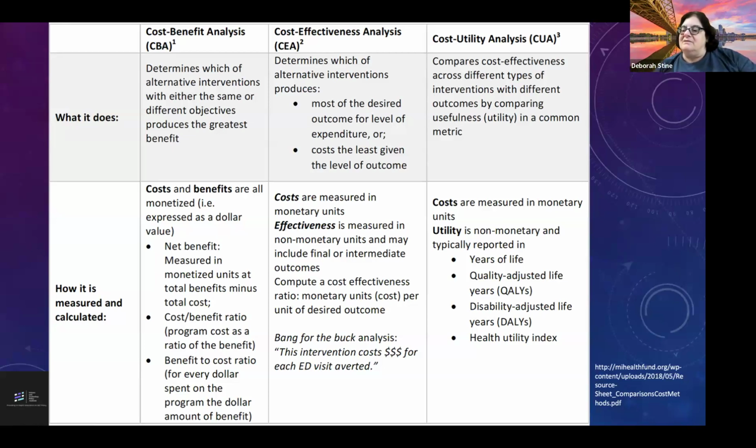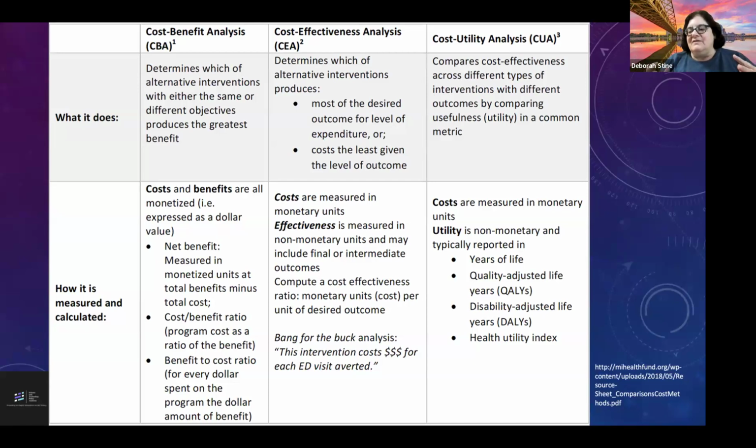Which one should I do? Cost benefit analysis helps you make those kinds of decisions. Everything is in dollars, the dollars in cost and dollars in benefits.